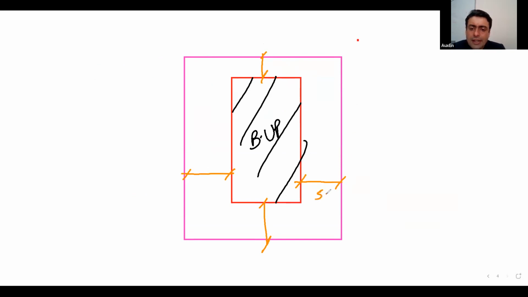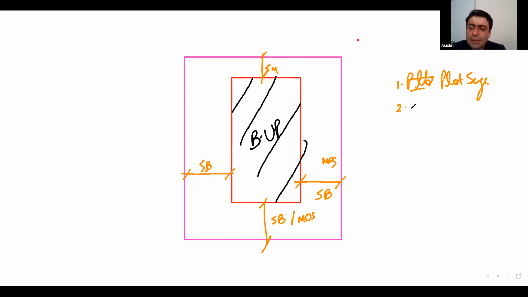This I can call the setback, or I can call it the marginal open space. Generally this is decided on the basis of your plot size. So number one is your plot size. Your plot size will decide how much open space you have to leave.